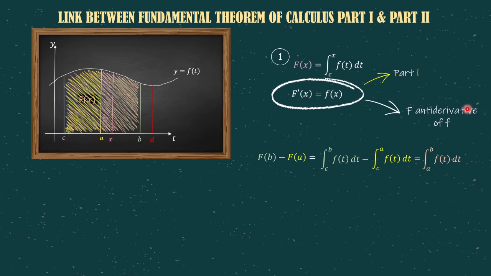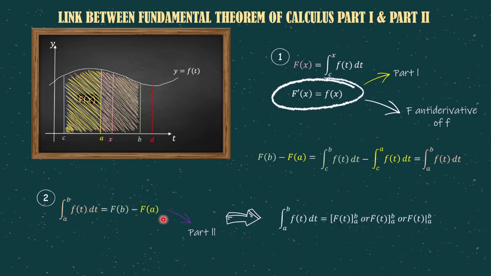So we can write it like this. We just exchange the place. And this is the fundamental theorem of calculus part 2, which we tend to use to evaluate the definite integral. So this theorem we can also write like this. F(b) minus F(a), we can write it like this, or like this, and also like this.